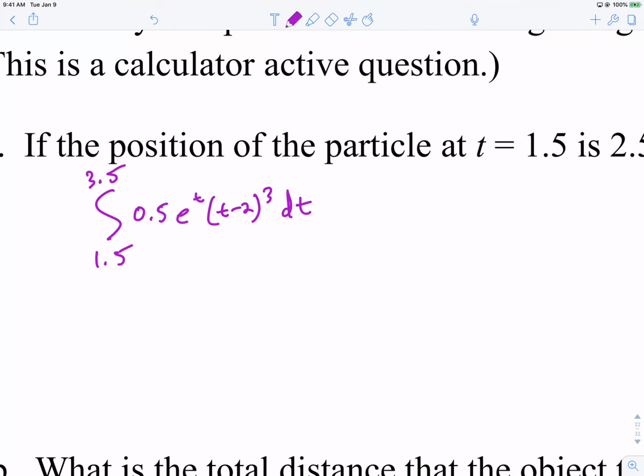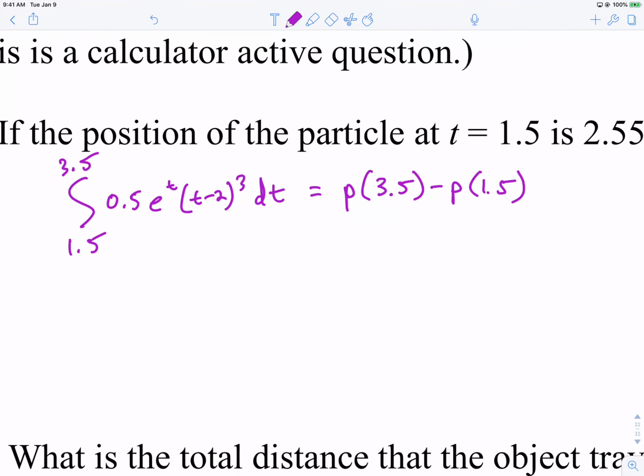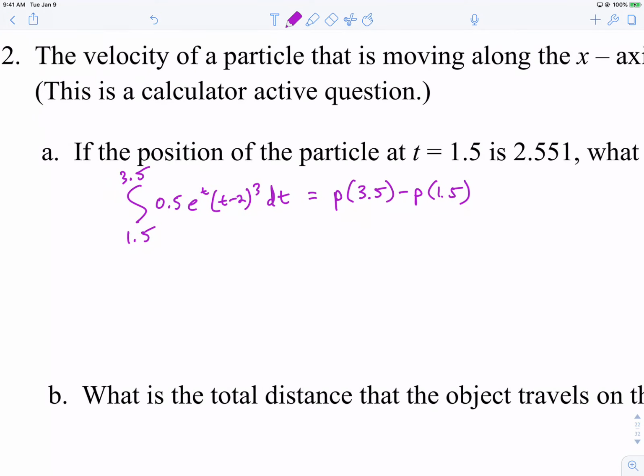Luckily it's a calculator active question, so we can say that integral, since it's the velocity function, will be equal to the position, because the integral of velocity is position. So the position at 3.5 minus the position at 1.5. We'll do this integral on our calculator with fnInt.